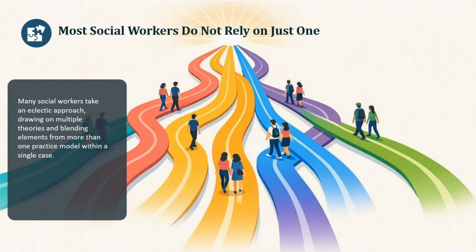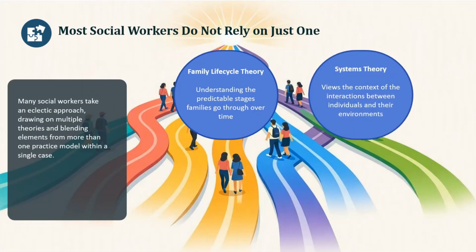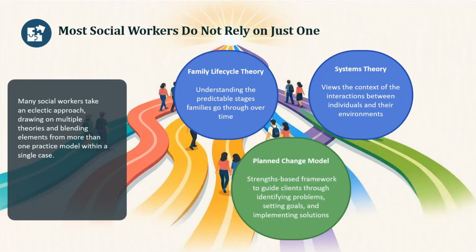It's worth noting that most social workers don't just stick to one theory or one model. Many take an eclectic approach, drawing on multiple theories and blending elements from more than one practice model within a single case. For example, a family case might draw on the family life cycle theory for one aspect of the assessment and systems theory for another, while the actual engagement follows a planned change model structure.